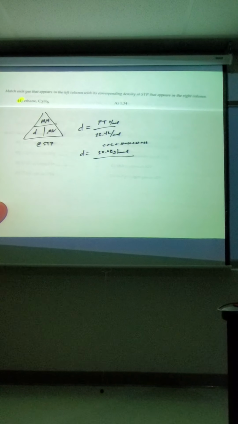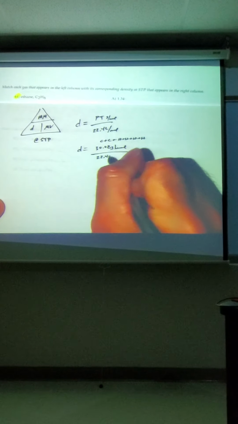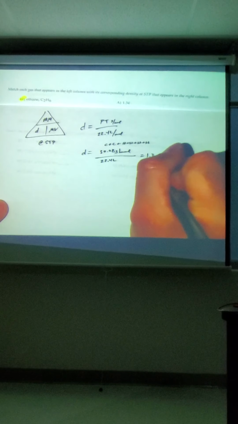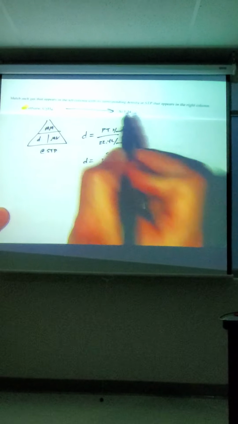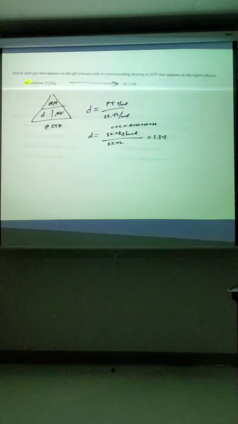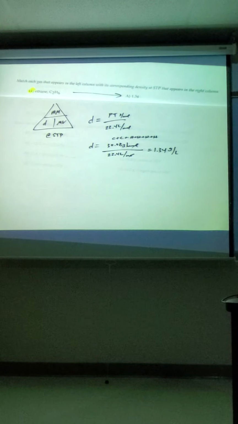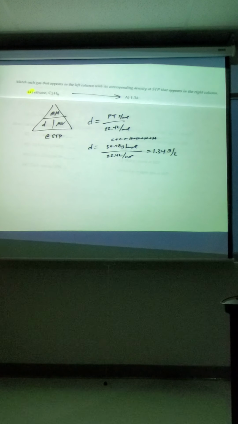That's again C plus C plus H plus H plus H plus H. And then we divide by 22.4. We can do that because it's at STP. We get 1.34, which is straight across. Notice when this happens, this is liters per mole, so moles cancel. We get grams per liter. And that's density for a gas.